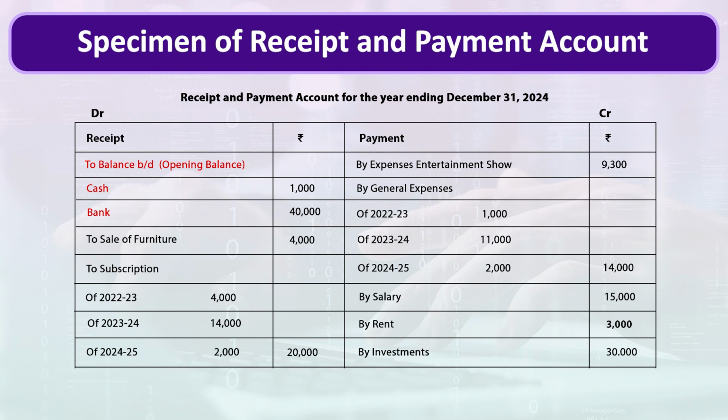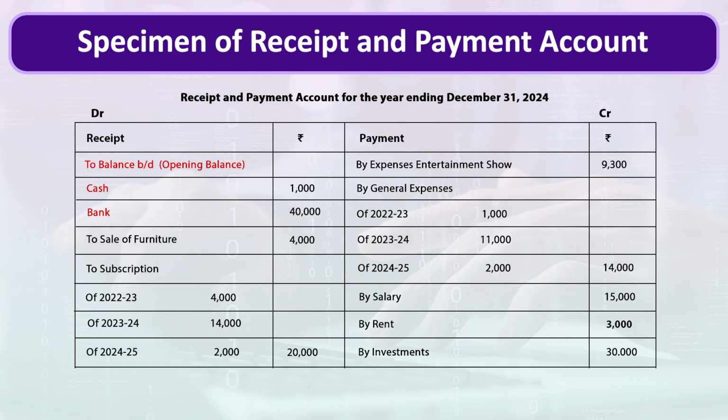Receipt and payment account for the year ending December 31, 2024. On the receipt side, we can see two balance brought down, which is the opening balance. It includes a cash balance of 1,000 rupees and a bank balance of 40,000 rupees. The next item is sale of furniture, which is rupees 4,000.